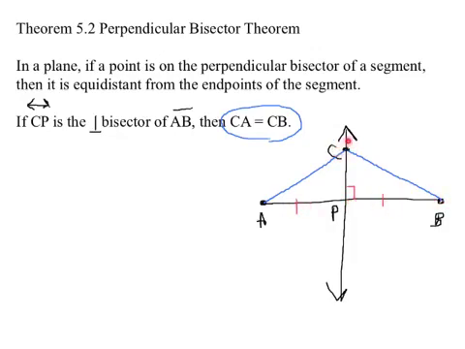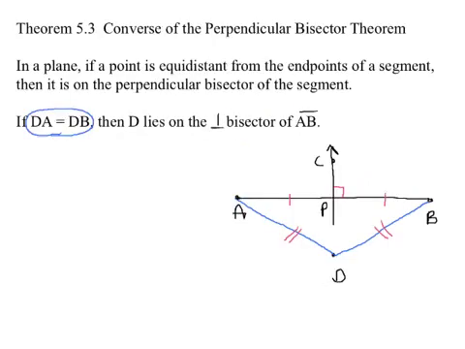If a point is on that perpendicular bisector, it is equidistant from the endpoints of the segment. So if CP is the perpendicular bisector of AB, then CA is congruent to CB. Rewind that if you need to hear it again.